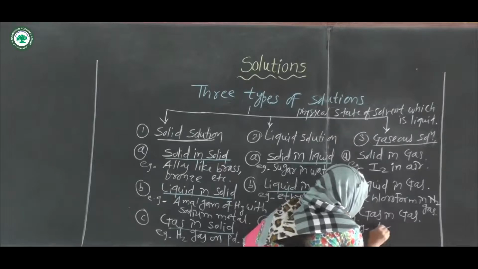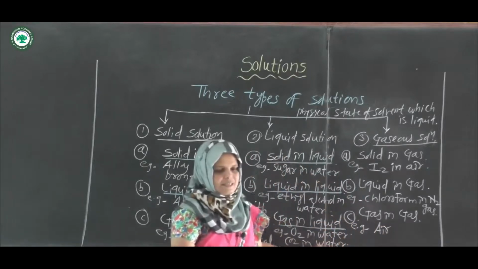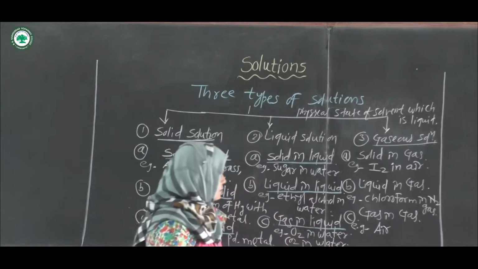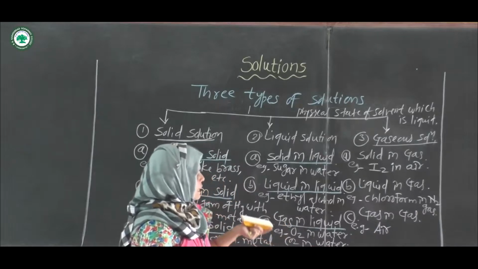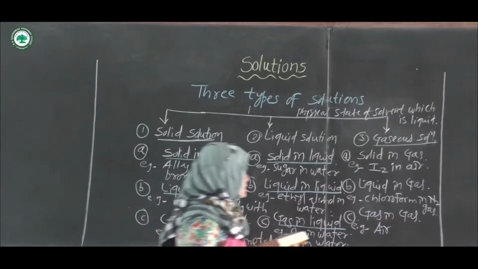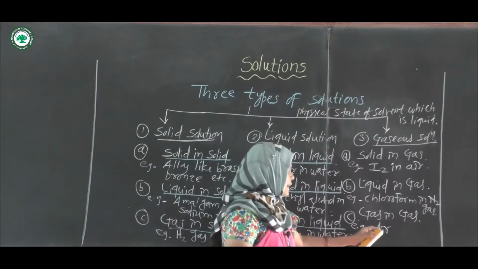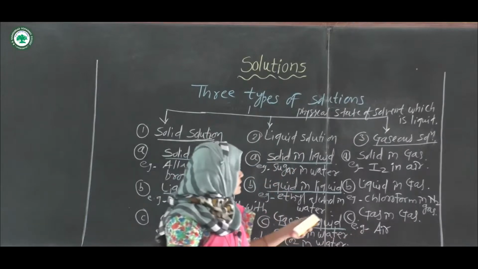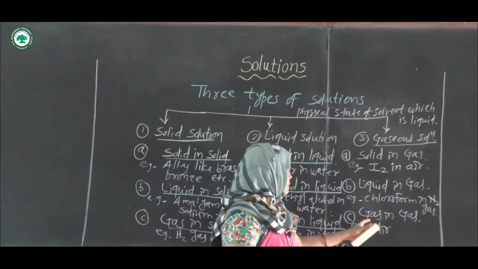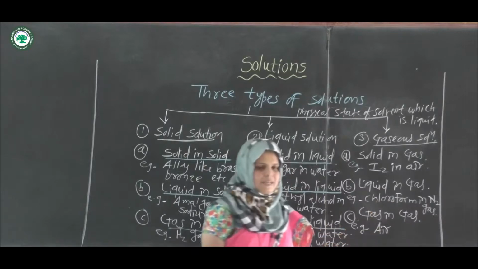Air is a mixture of gases, oxygen and nitrogen. These are the gases present in air, and air is a homogeneous mixture, a gaseous solution, and it is gas in gas.